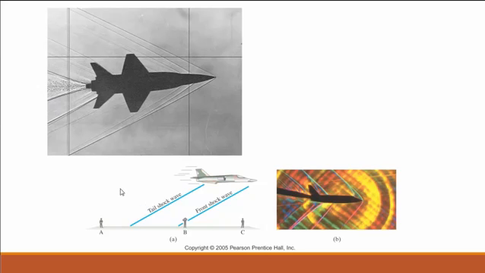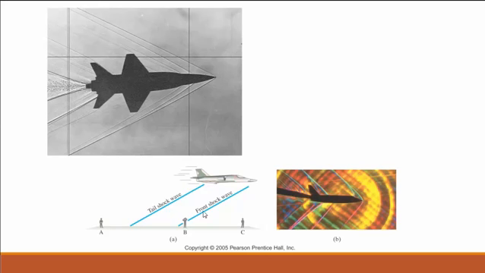And so the idea is if you have somebody on the ground, when this airplane flies over, both of these shock waves will hit it, and that's what you hear when you hear a sonic boom. So it's a misconception that the sonic boom is related to when the airplane actually goes from slower than the speed of sound to faster than the speed of sound. That's not the case.